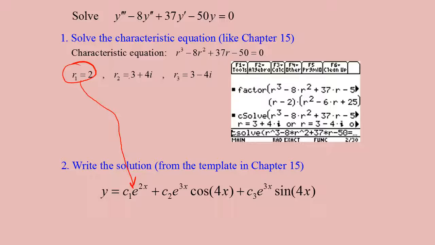The complex roots give us the solution c1 e to the 3x cosine 4x, that's the 3 and the 4 from the complex solution, and same thing with the sine, e to the 3x sine 4x. Again, that's the 3 and the 4 from the complex solution.